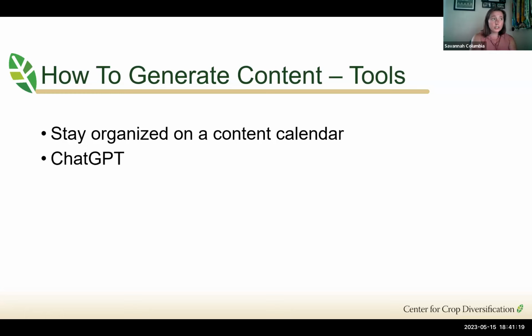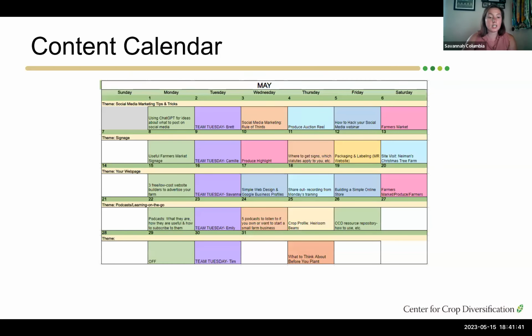So, some tools to generate content. Camille mentioned ChatGPT for a second. We will talk about that. But first is staying organized on a content calendar, and this can be done in a variety of ways. We have a content calendar for our CCD social media page.